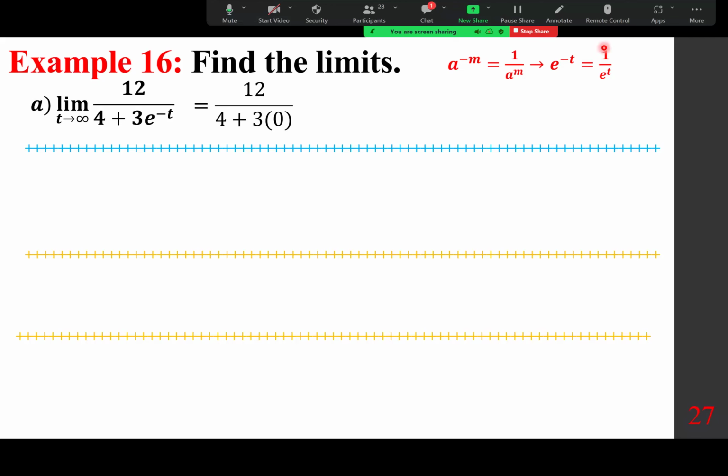Therefore, e to the power minus t is 1 over e to the power of t. So this is 1 over e to the power of infinity, which is 1 over infinity, which is 0. So the answer is 12 over 4 or 3.